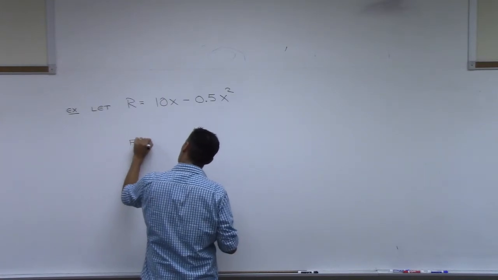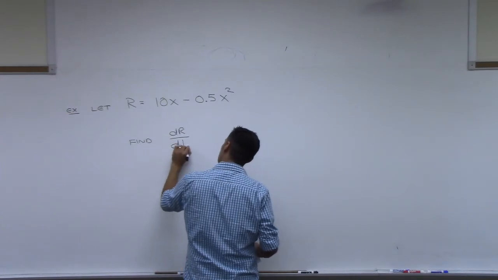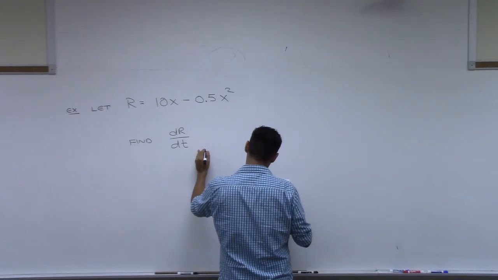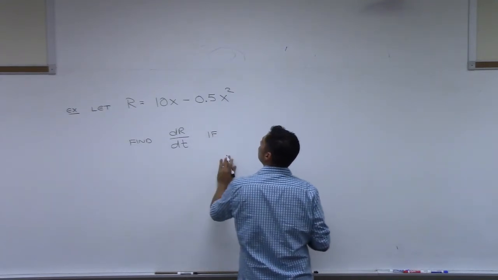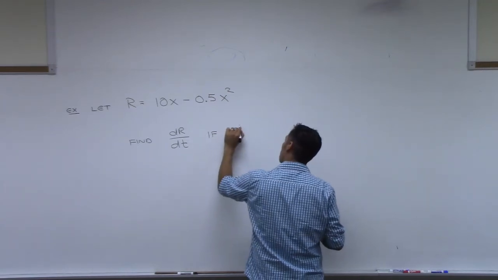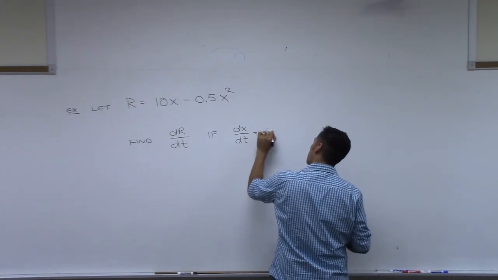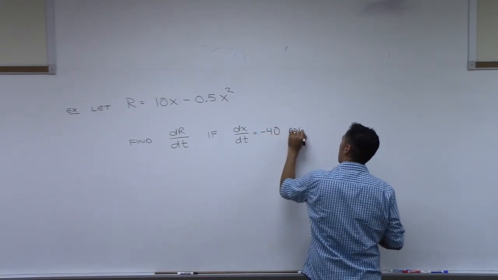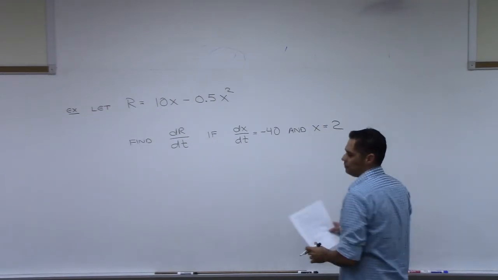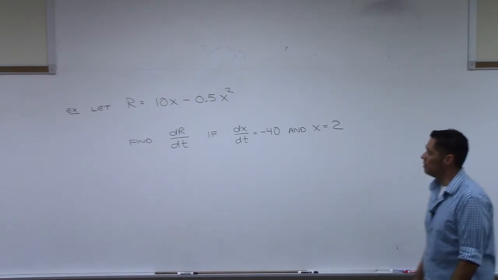Find dr/dt if dx/dt equals negative 40 and x equals 2. All right, so this is pretty much like a problem you would see on the test right here.